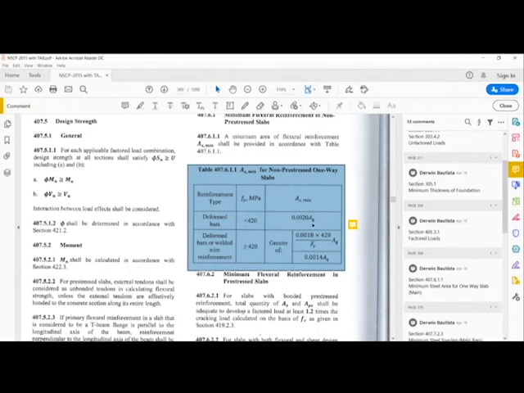The Ag here is the area of your concrete. For greater than or equal to 420, we choose between 0.0018 times 420 over fy times Ag, or 0.0014. Okay? So let's go back here.